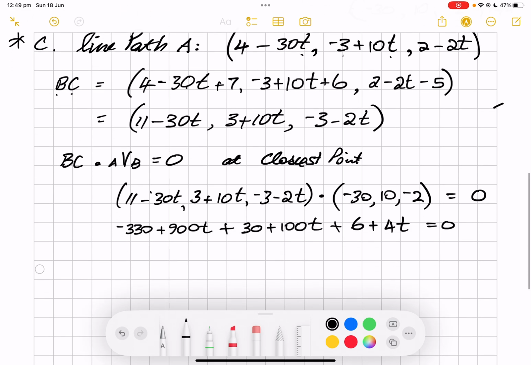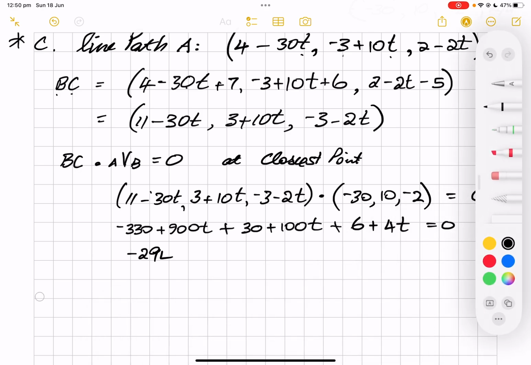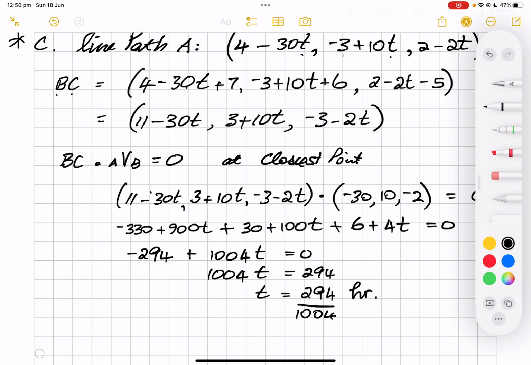All right, so we got negative 300, negative 294, 900 plus 100 plus 4, that's 1004. Solve that, 1004t equals 294. So that's the time when they will be at the closest.